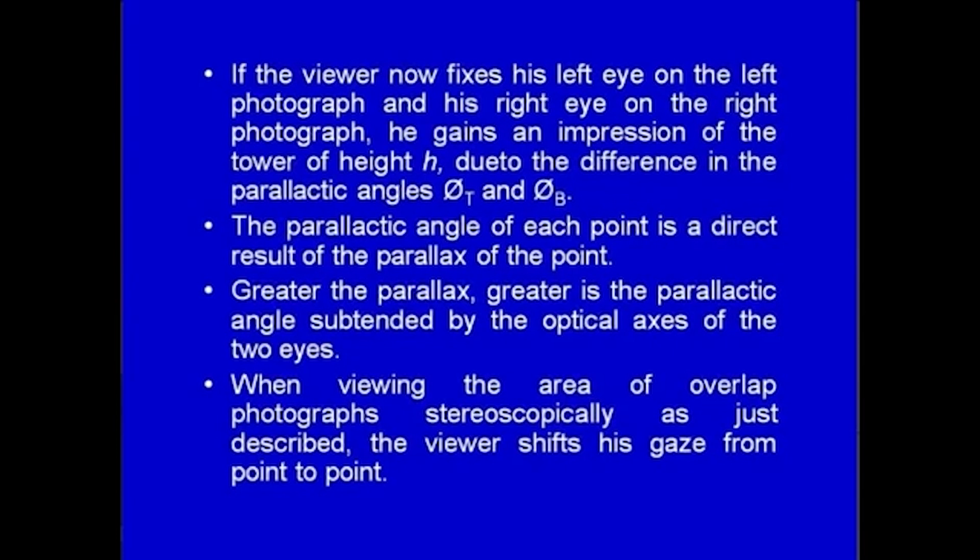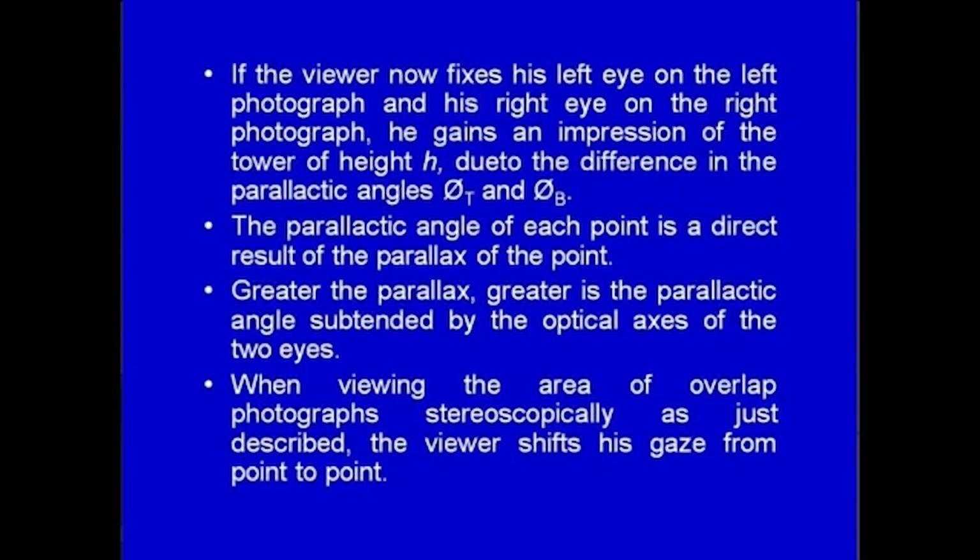The parallactic angle of each point is a direct result of the parallax of the point. The greater the parallax, the greater is the parallactic angle subtended by the optical axes of the two eyes.